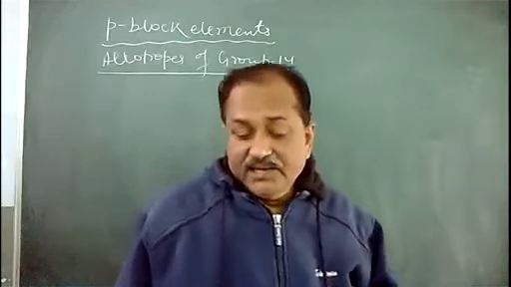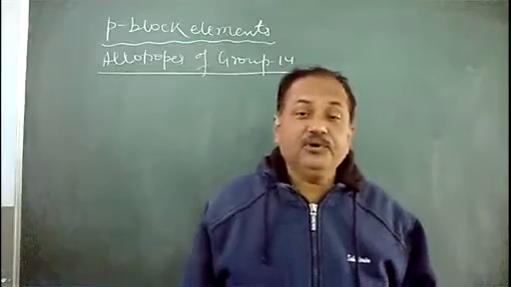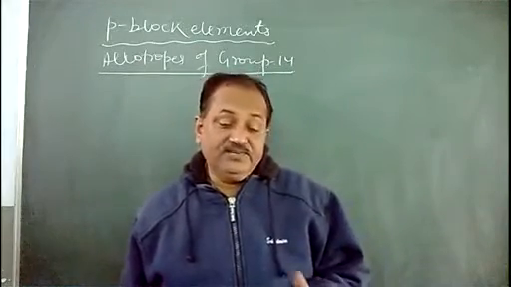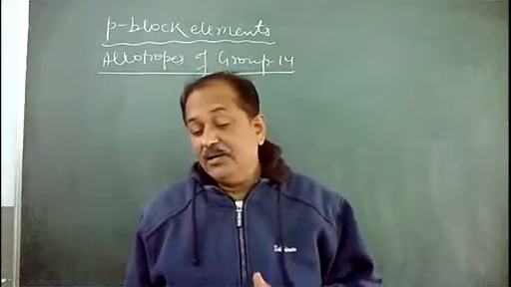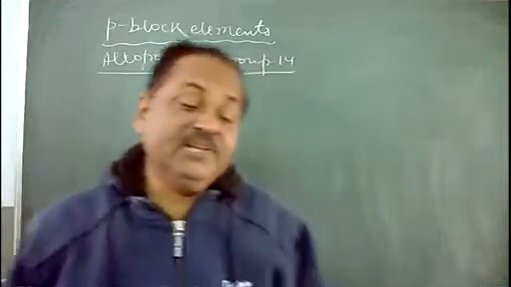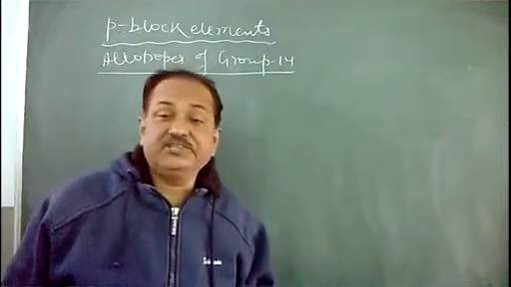So children, allotropes are different forms of an element. They are different types of substances of an element having the same chemical properties but different physical properties.